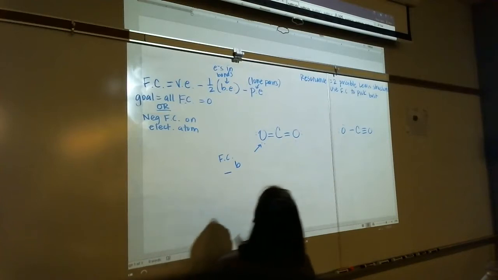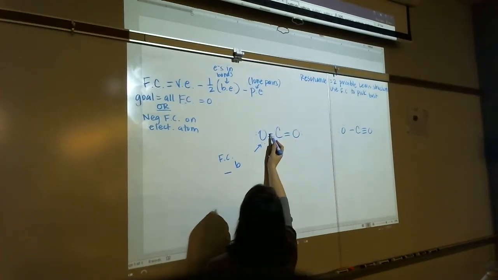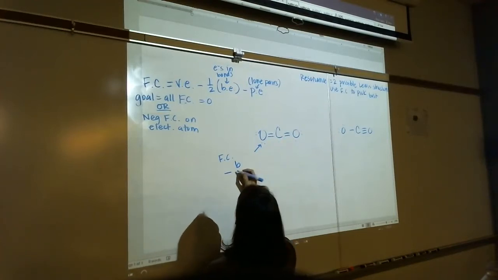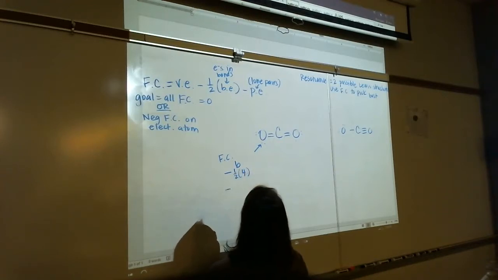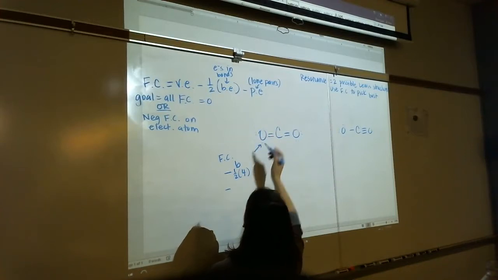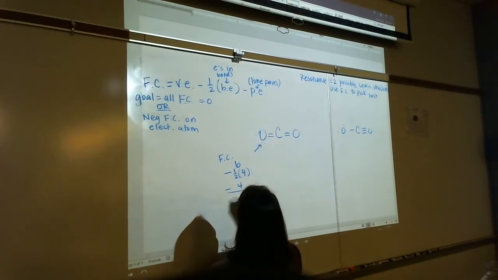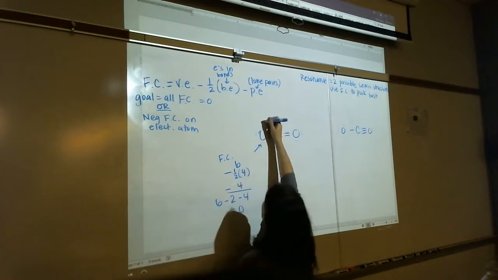Okay, how many bonding electrons does it have? 2, 4, right? So minus 1/2 of 4. Minus, how many paired electrons does it have? 1, 2, 3, 4. So that's 6 minus 2 minus 4, so that gives us 0.